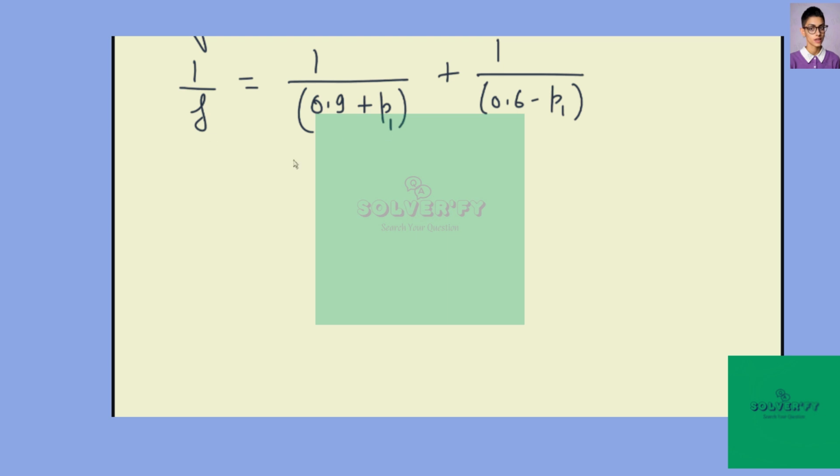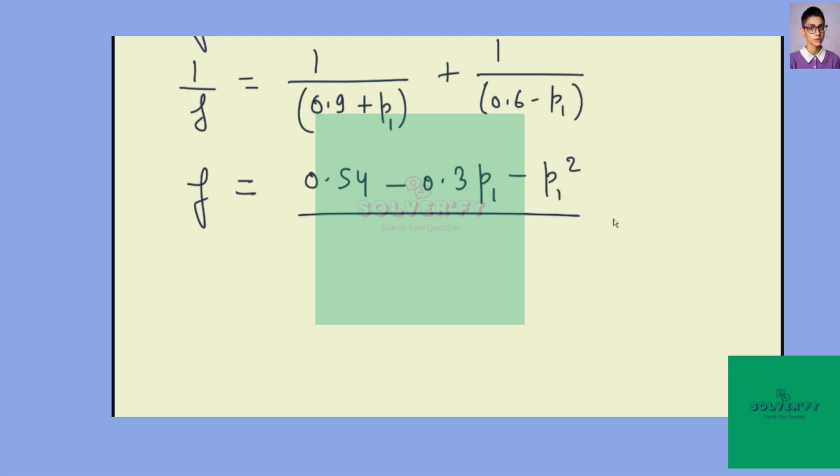So now on simplifying this, and let's rewrite this for F, we get F equals 0.54 minus 0.3 P1 minus P1 square divided by 1.50. Now comes to part C.